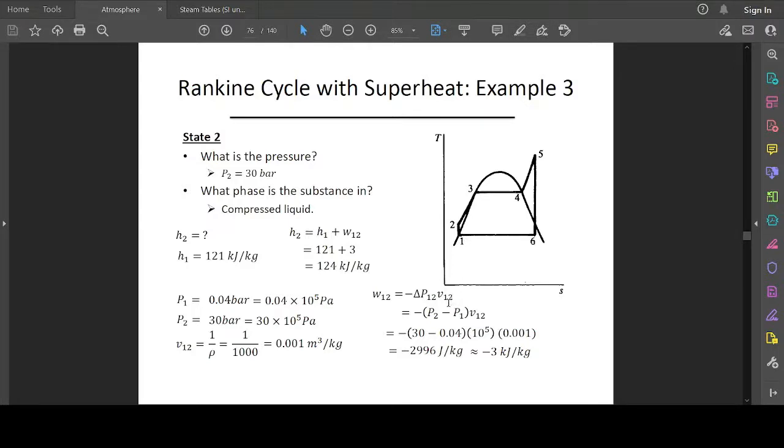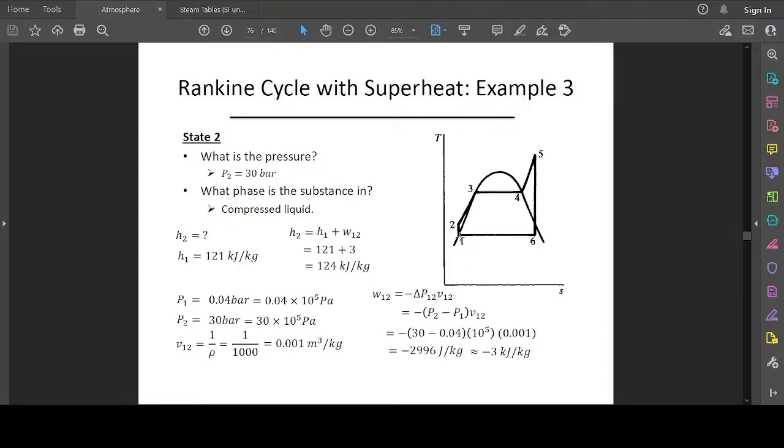Okay, so if we do that, we know that the pressure changed from 0.04 to 30 bar, and with this formula we can calculate that work, which is the change in pressure between points 1 and 2 times the specific volume at stage 1 and 2. It's going to be the same specific volume because it's a saturated liquid, so there is no mixture.